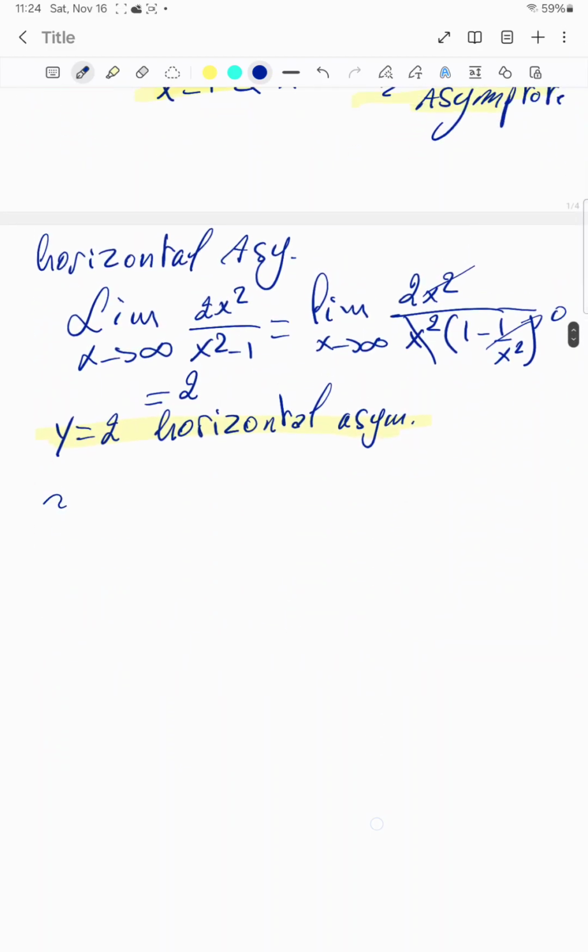By doing so, I have to find f prime of x. I know that f of x is equal to 2x squared divided by x squared minus 1.